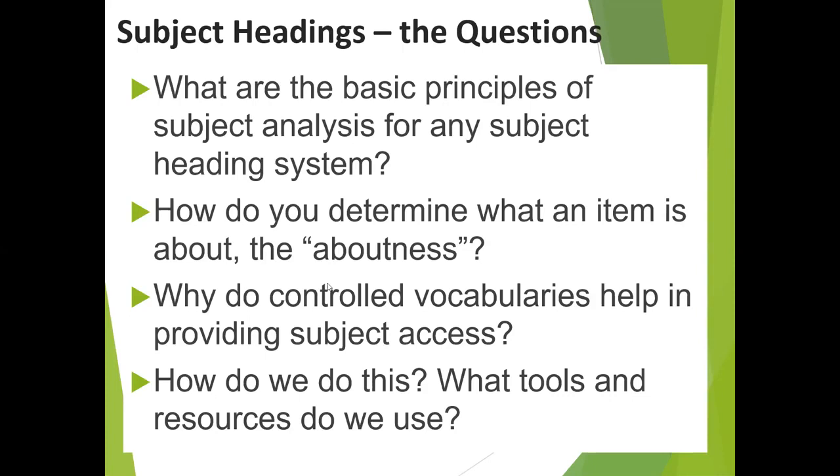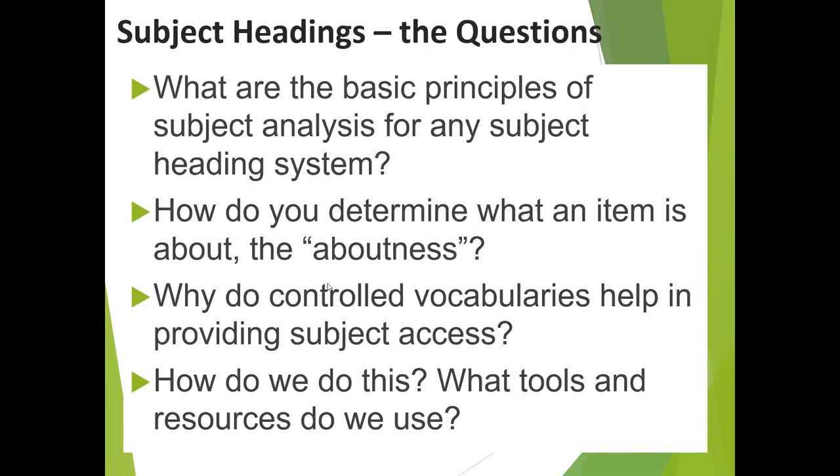Now, does that mean that you are limited, if you want to do more than 10? If you are in a library that has time to support more than 10 and you want to do more, then that's your decision in terms of deviating from that policy. Having cataloged following the Library of Congress rules, there were times when we were given exceptions when we could go more than 10.